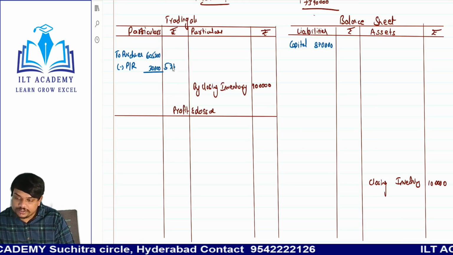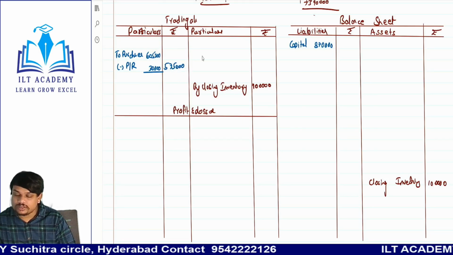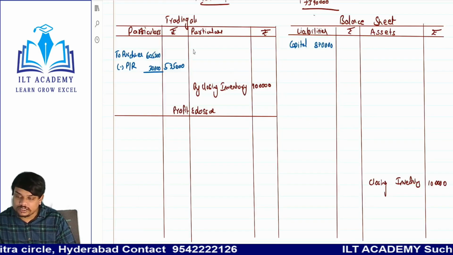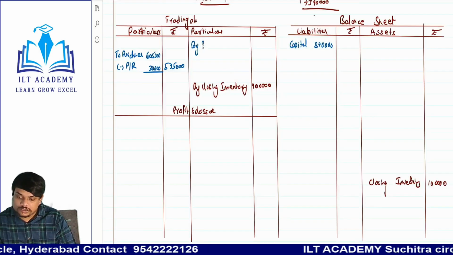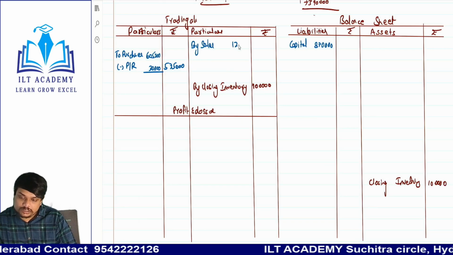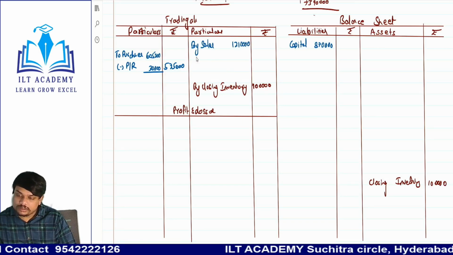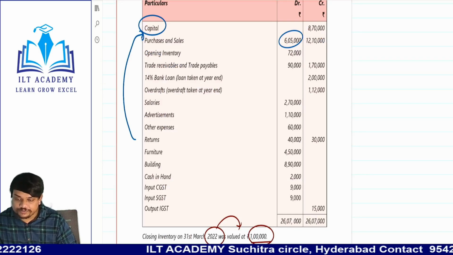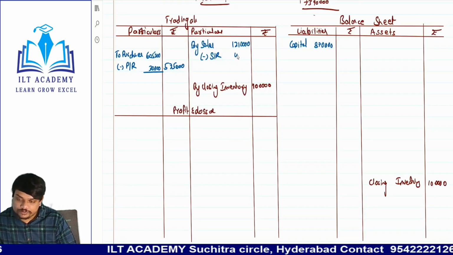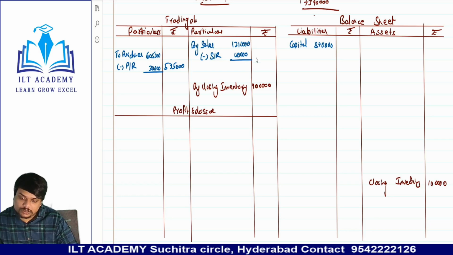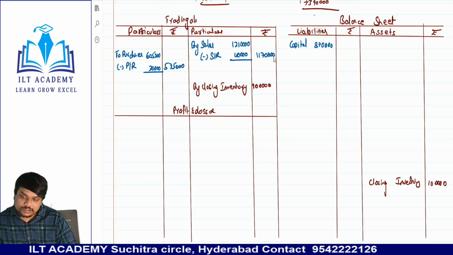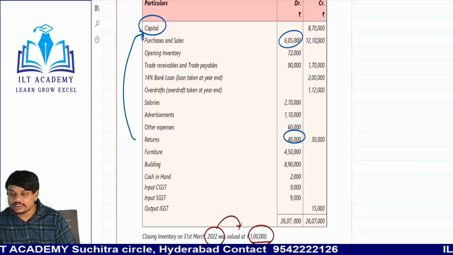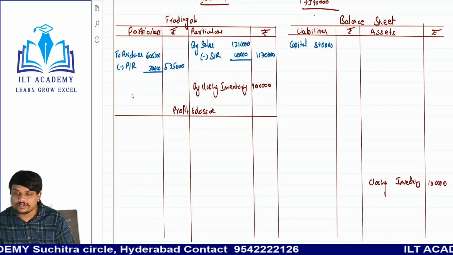It will be 5,75,000. Now similar way, sales is 12,10,000. Minus sales returns, which are 40,000. 7,70,000. Got it? Sales minus sales returns. Opening inventory is 72,000.